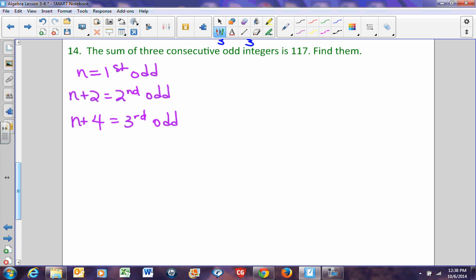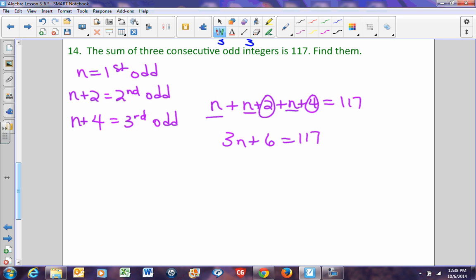The sum of 3 consecutive odd integers is 117. First odd integer plus second odd integer plus third odd integer is 117. Now we simply simplify. n plus n plus n is 3n. 2 and 4 is 6. Equals 117. Subtract 6. 3n equals 111.